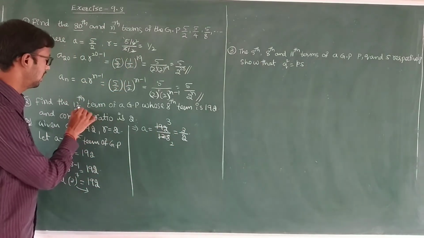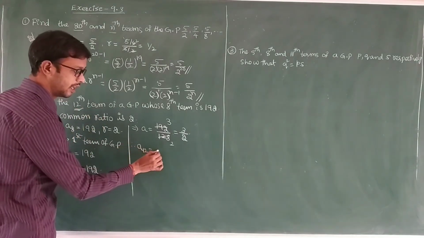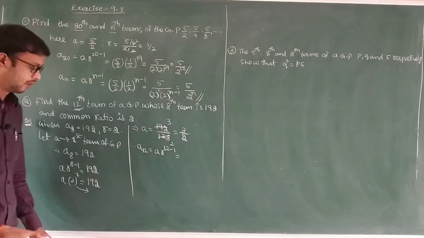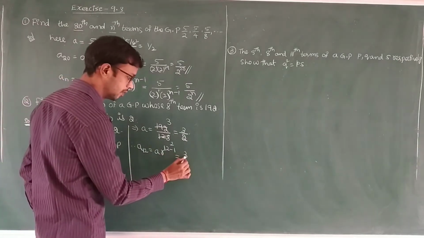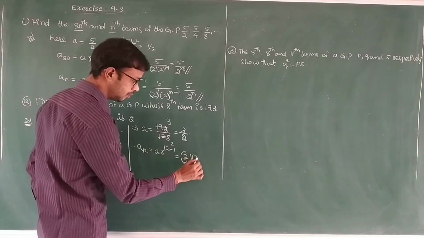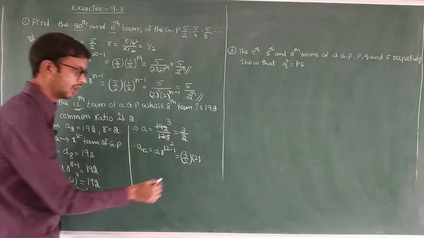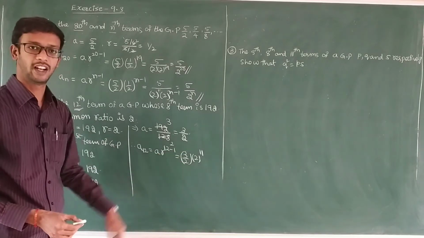What do we need? The 12th term we need. Therefore, A12 is equal to A into R power 12 minus 1. What is the A value? A value is 3 by 2, R value is 2 power 11, 12 minus 1 is 11.